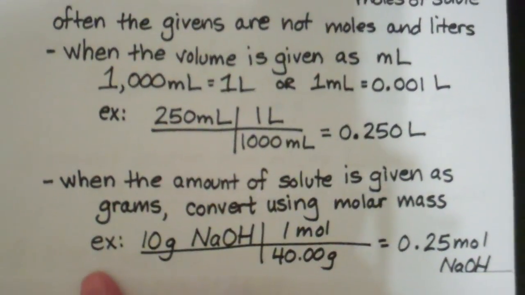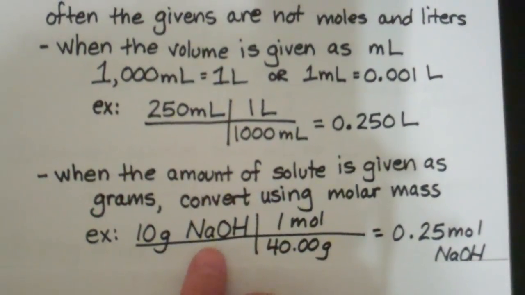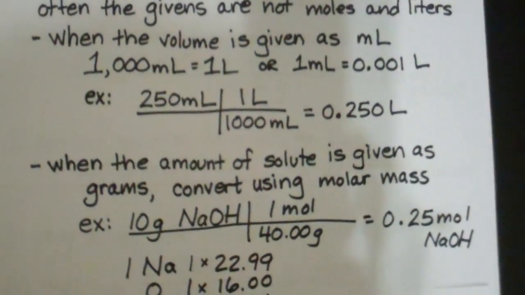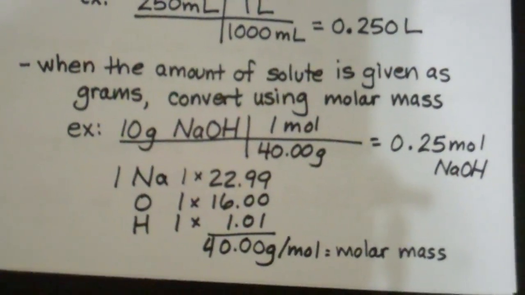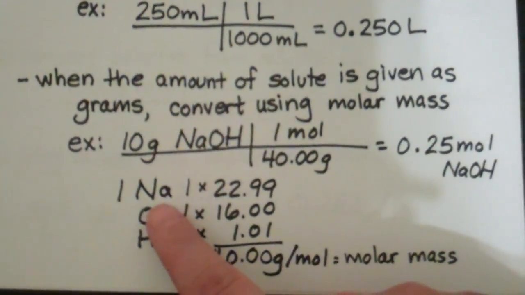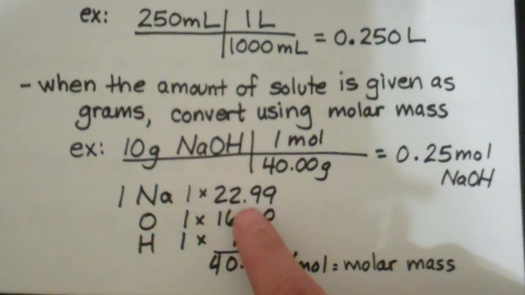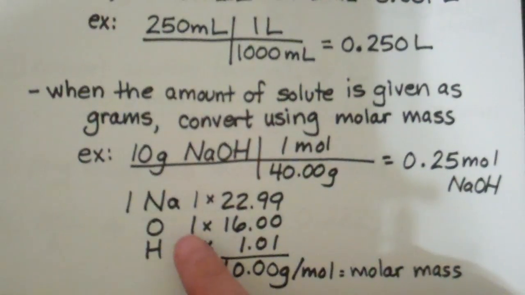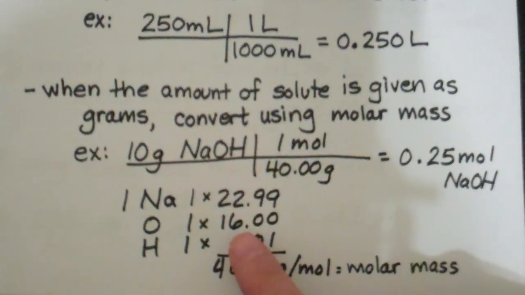Okay, so for example, let's say you were given that you had 10 grams of solute and your solute was sodium hydroxide. Well, I would need to calculate the molar mass of sodium hydroxide. So I'm going to count up how many of each atom I have. I have 1 sodium. It has a molar mass of 22.99 grams per mole. I have 1 oxygen. It has a molar mass of 16 grams per mole.